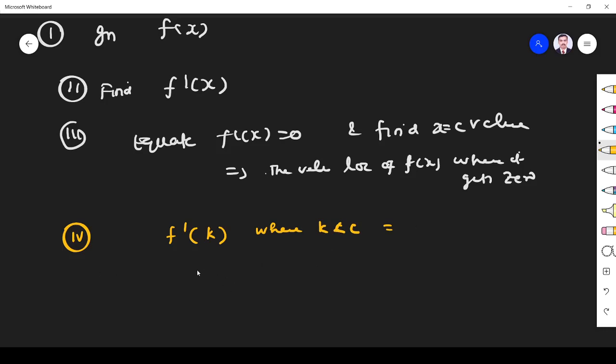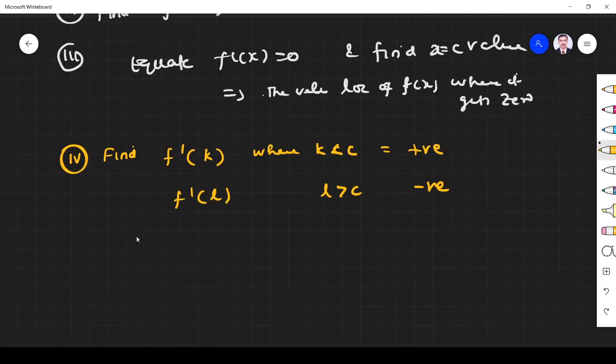Similarly, you take some other value L, where L is greater than C, and find that value. You choose any K or L. So if f dash of K is positive and f dash of L is negative, what is the conclusion?